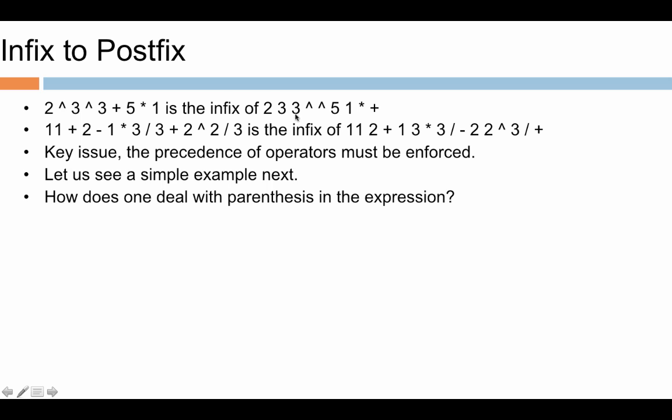Fine. So now let us just see whether we get exactly the same procedure for this expression when we apply the algorithm that we saw on the previous slide. So we push 2 onto the stack, 3 onto the stack, then 3 onto the stack. Then exponentiation comes. So when exponentiation comes, we take the previous two operands, which gives us 3 power 3, and write it onto the stack.